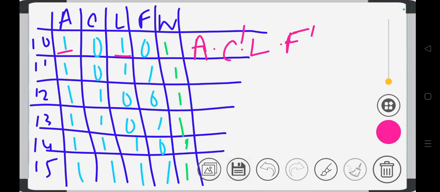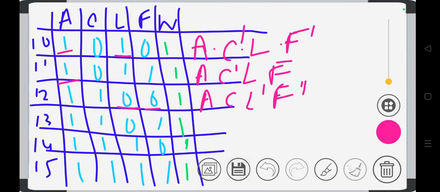Okay, then comes this one, A is 1, that means A, C. I'm just forming it, right? I'm not repeating for all, I'm just forming the table. Please note it very carefully. A C complement L and F. The next one will be A C, C only, for L is 0, so L complement, and F is also 0, so F complement.